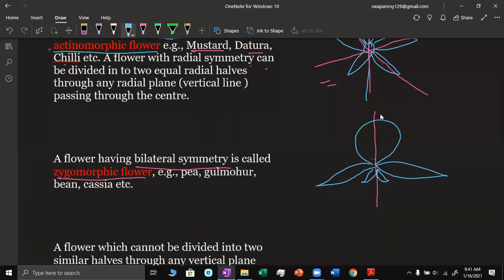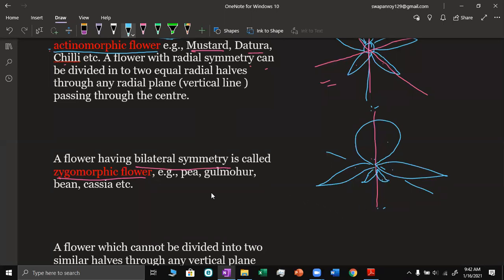In pea flower, the flower can be divided into two identical halves only through one plane, the anterior-posterior plane. This side 2.5, this side 2.5. But if you divide through this other plane, then you cannot get two identical halves.